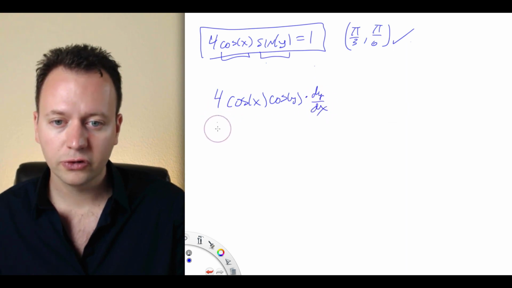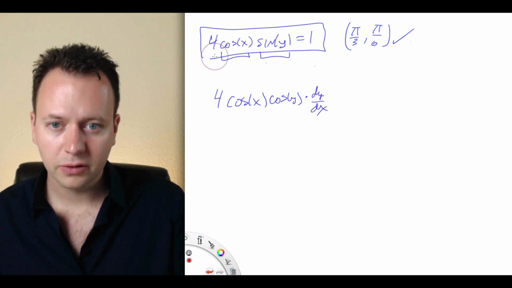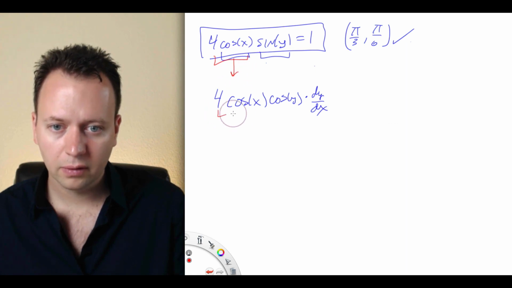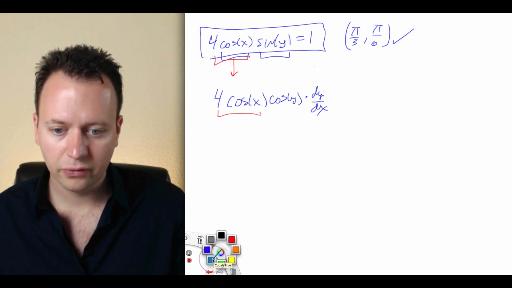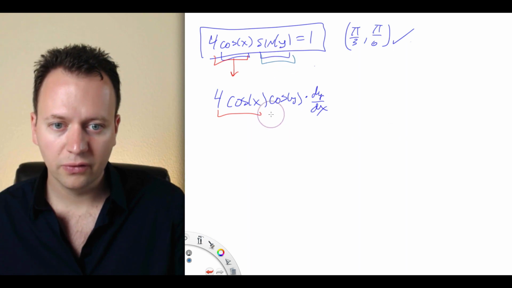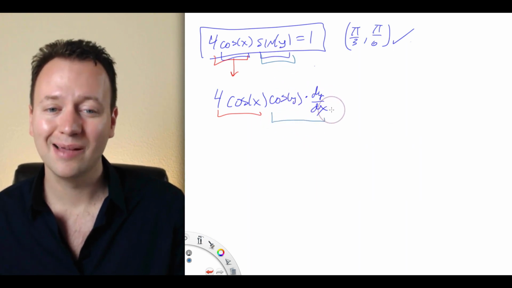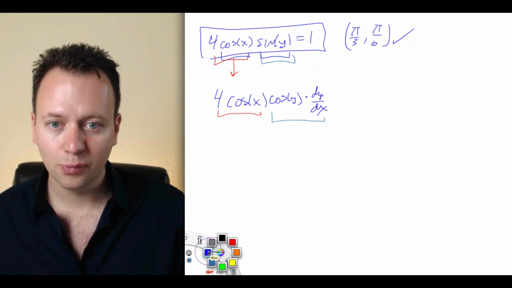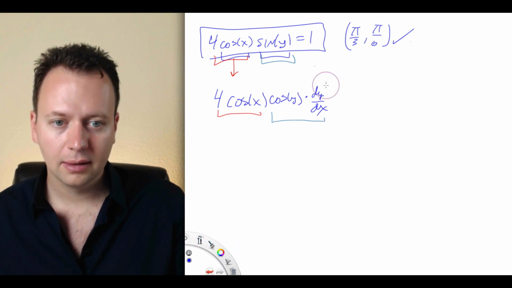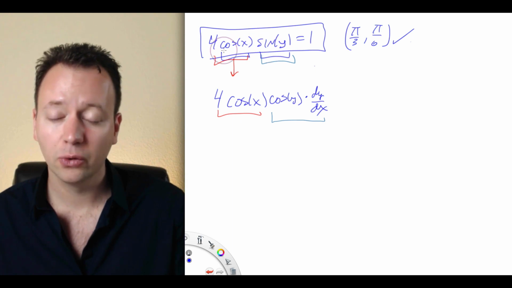So this is the first term, the first times the derivative of the second. So the derivative of sine of y turns into cosine of y times dy dx. Then we do plus the second times the derivative of the first.